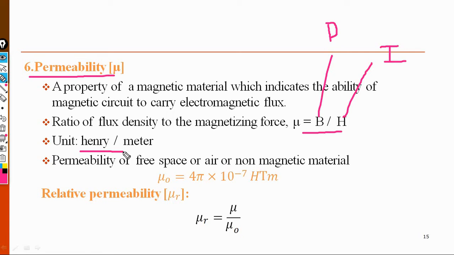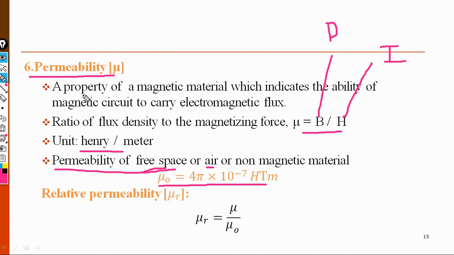Now permeability is considered in free space or air, or in non-magnetic material. The value of permeability in free space is mu 0 is equal to 4 pi into 10 raised to minus 7. This is the important value of the permeability in free space, air or non-magnetic material.